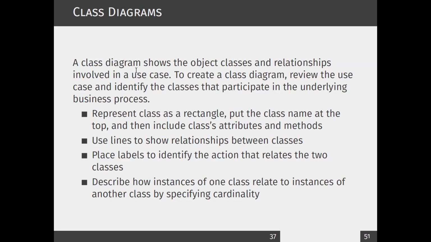Then you can have lines for relationships. This is similar to an ER diagram, right? Instead of entities, this time we have classes, and instead of relationships as such, we have just a line connecting these classes.